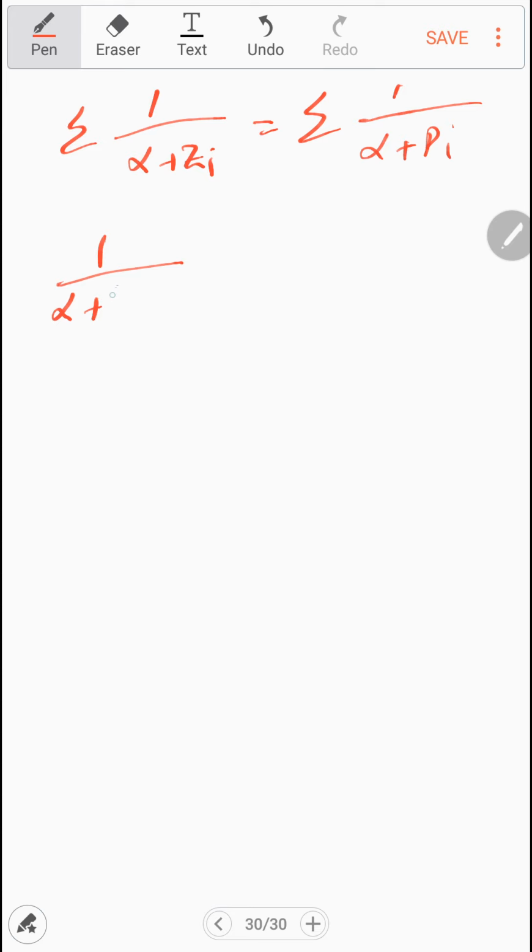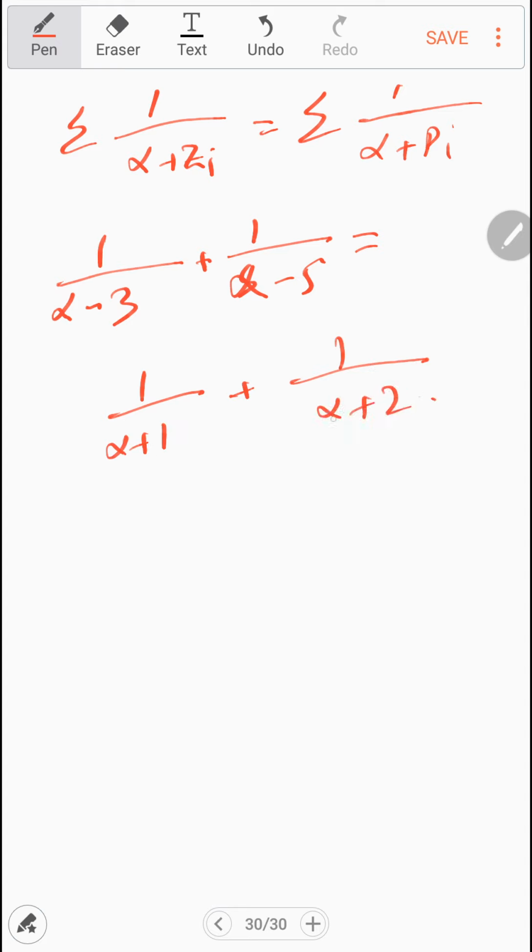So 1 over alpha minus 3, plus 1 over alpha minus 5, because we replace s with alpha, equals 1 over alpha plus 1, plus 1 over alpha plus 2. Now we simplify this one. After simplification, you get 11 alpha square plus 26 alpha minus 61, which is equal to 0.